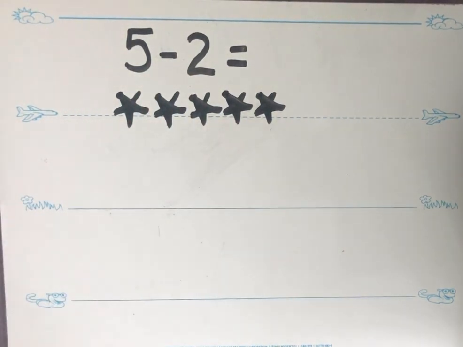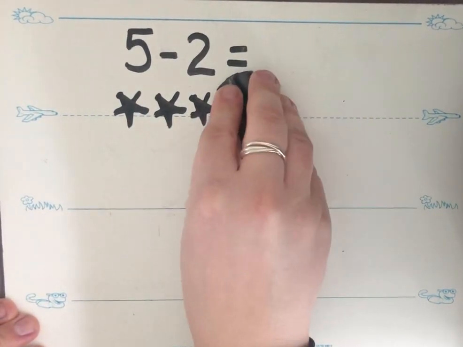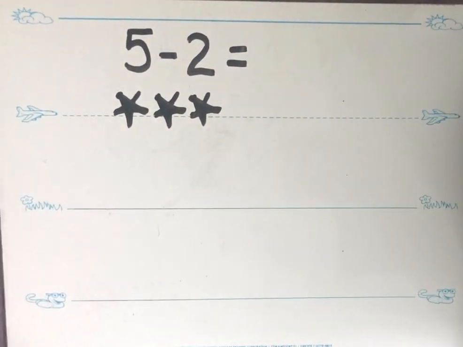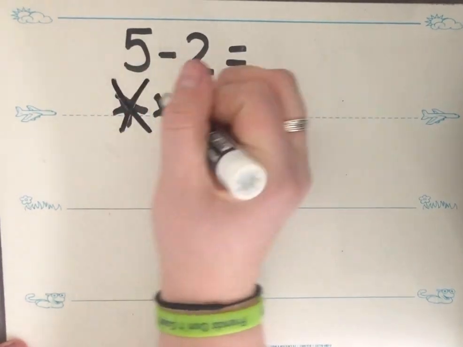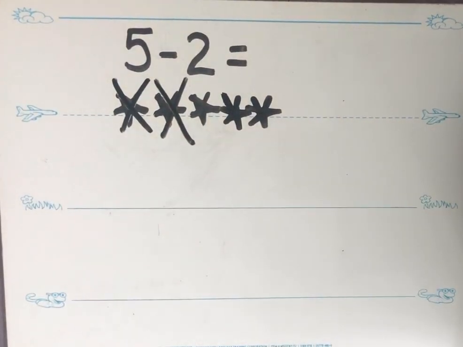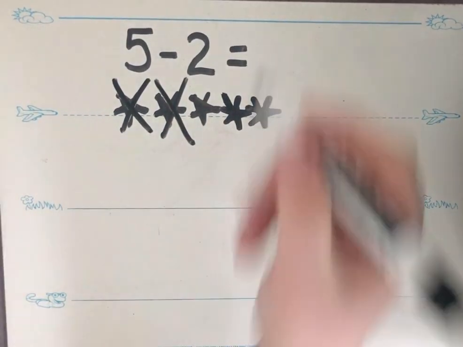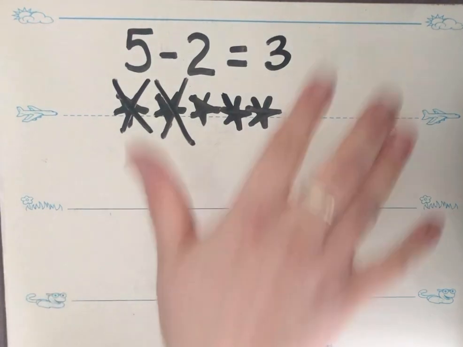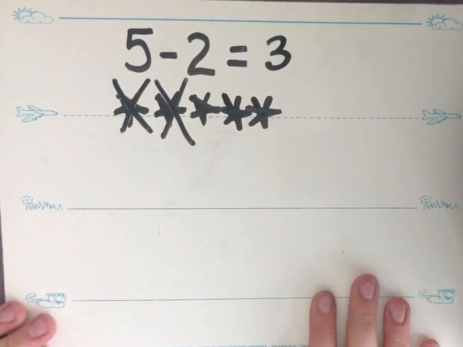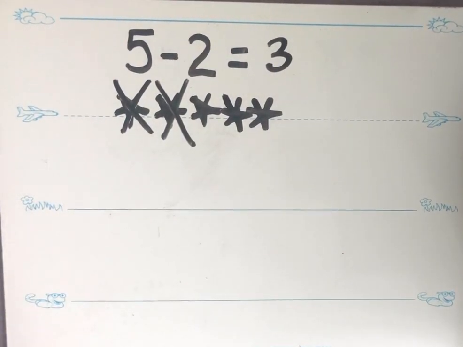So then the child would take 2 away. They can either erase or they can always cross off. And then have them identify how many are left, 3, and have them write the number. Of course, the best idea is to model how you would do this, just like I did, and then have them repeat exactly what you just did if you were just starting out.